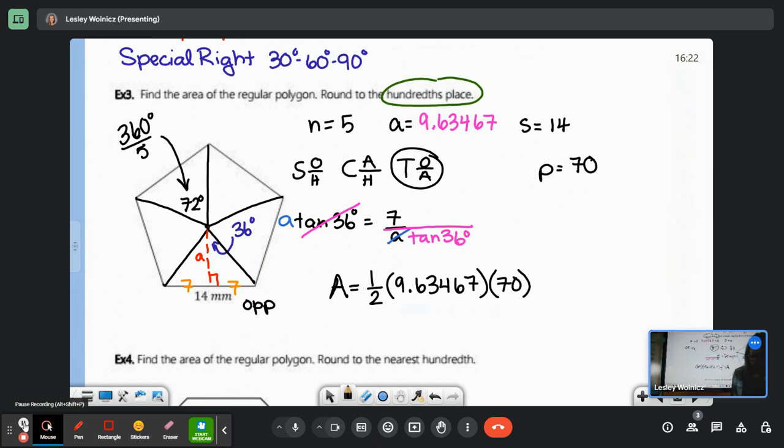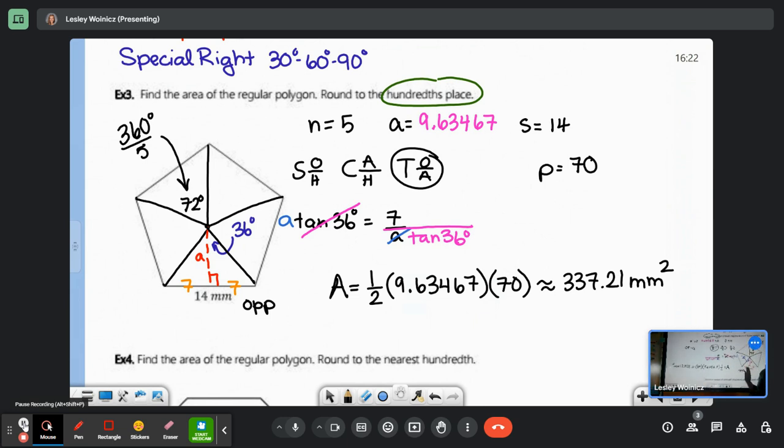Okay, I think for that one, I got approximately 337.21. And these are square millimeters. Yeah, I got that too.